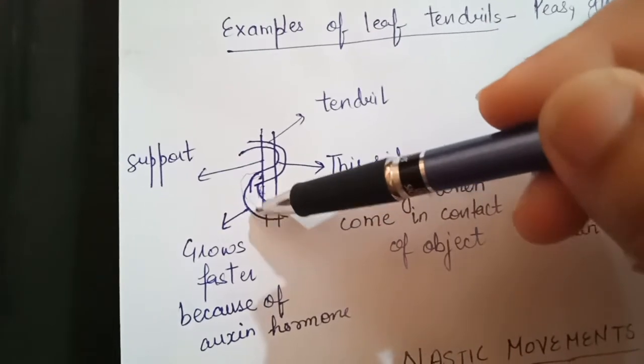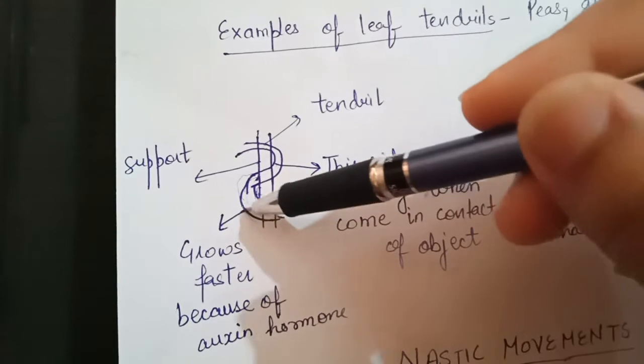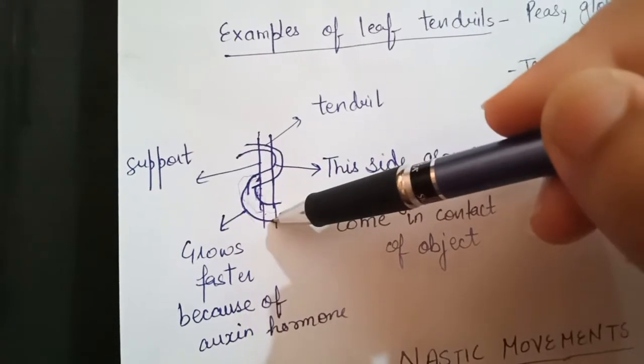Auxin hormone is responsible for the fast growth of the opposite side of the tendril.